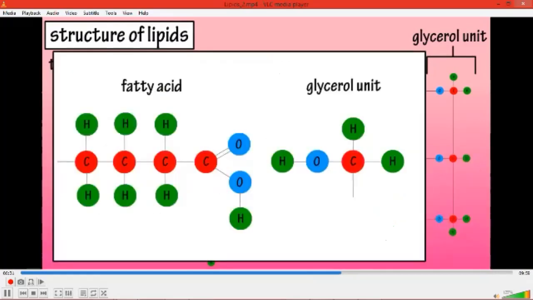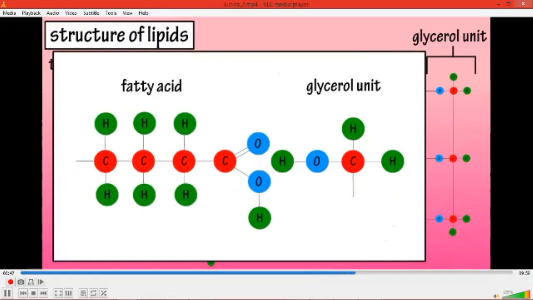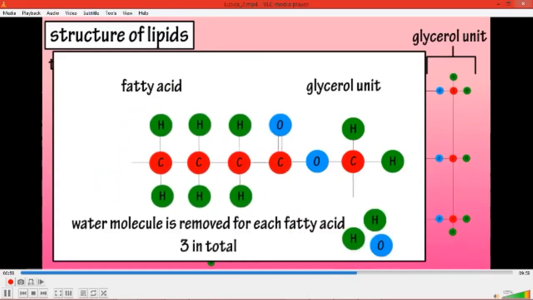In the formation of a triglyceride, the fatty acids bond with the glycerol molecule. The 3 fatty acids attach their carboxyl groups, which are the carbon, oxygen, oxygen, hydrogen group at the end of the molecule, to the hydroxyl OH groups of the glycerol molecule. As this process takes place, 3 molecules of water are removed, which is a dehydration synthesis reaction.